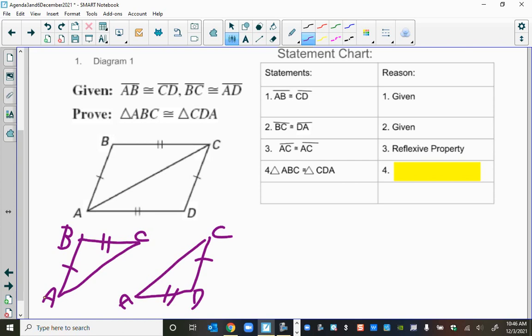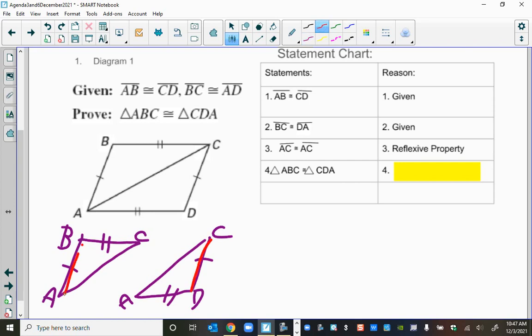All right. So they first gave us AB is congruent to CD. Well, AB and CD are both what? Yeah, but not only that. What else are they? Congruent gives it an S. What's that called?